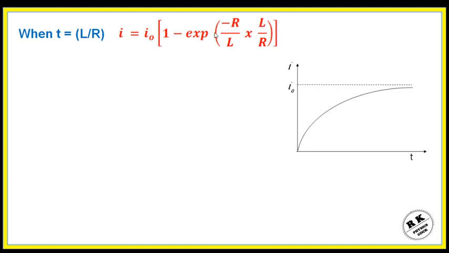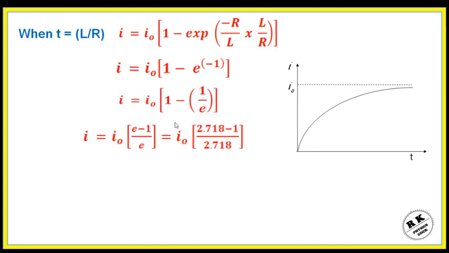If we substitute, we will get these two terms cancelled. So, in the exponent we have minus 1. I can be written as I naught times 1 minus 1 by e, or if we take LCM of this one, it can be written as e minus 1 by e.